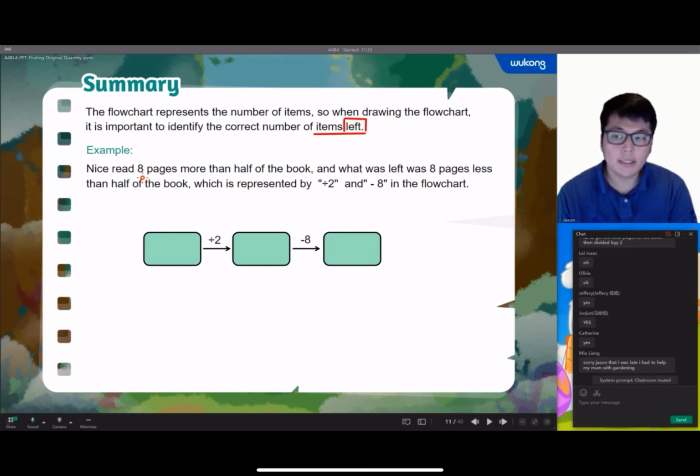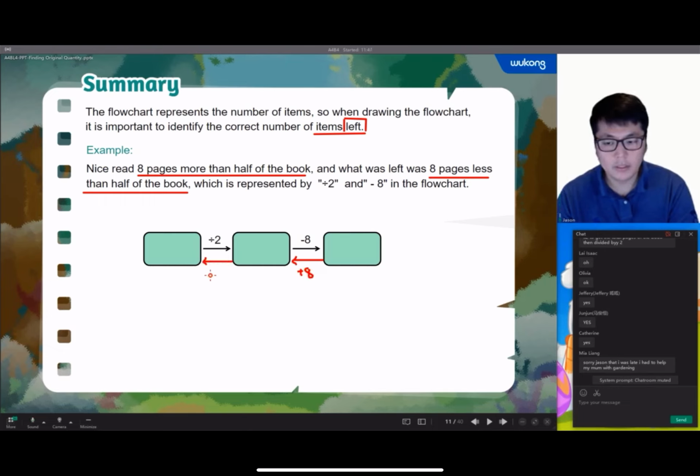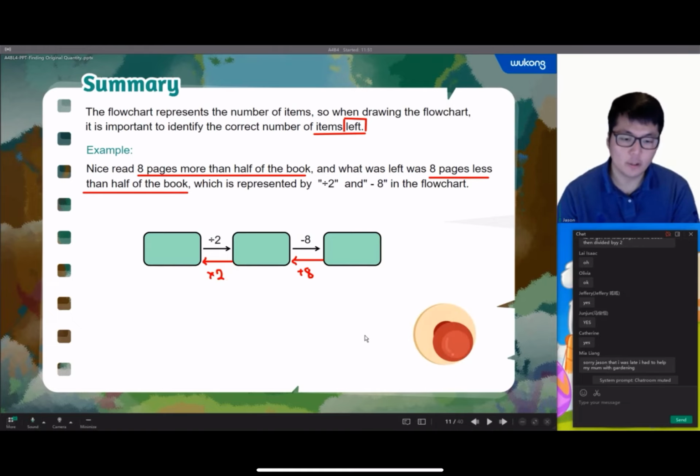So if Nice read 8 pages more than half of the book, because we need to write down what's left, it will be 8 pages less than half of the book, which means you need to find the half first and then 8 less. That's how you do the flowchart. And then you also need to go backwards, plus 8, and go backwards, times 2. Opposite signs. So that's how you do it, guys.